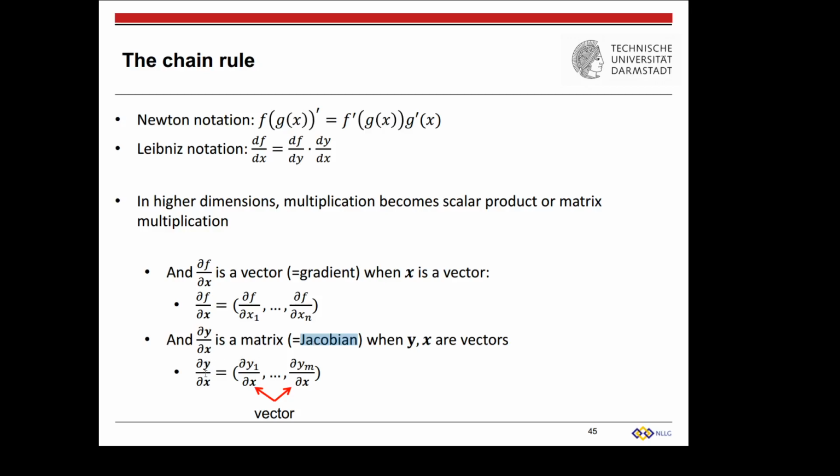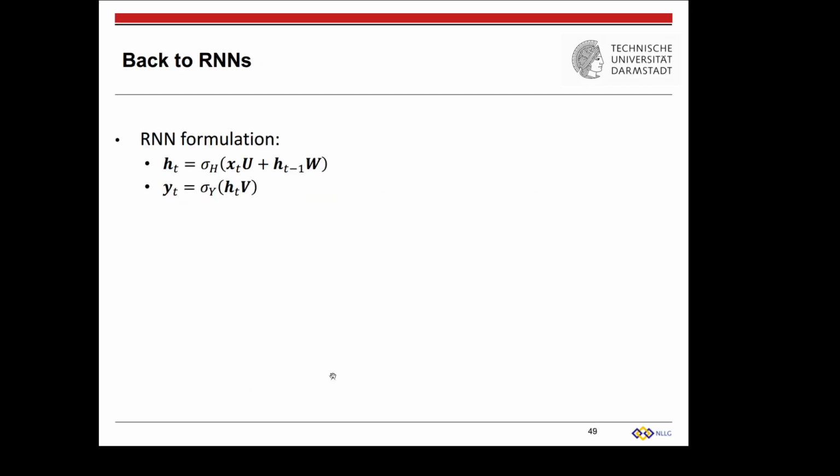This Jacobian looks as follows: dy by dx is a vector of m individual functions and their gradients. So these are gradients, these are vectors, and then a vector of vectors, depending on how you write it, becomes a matrix.